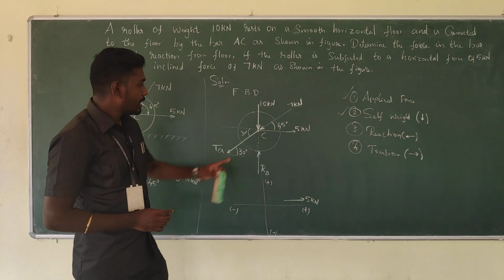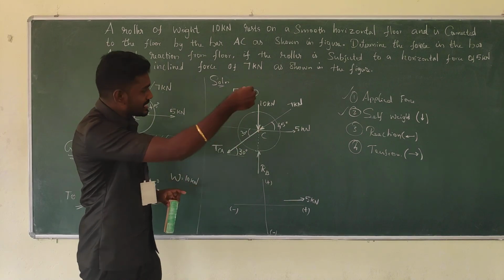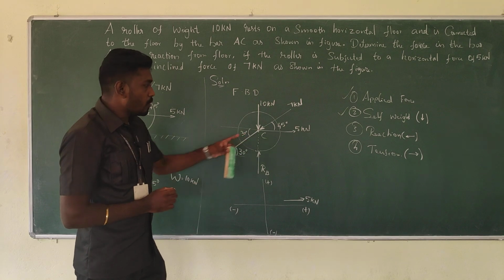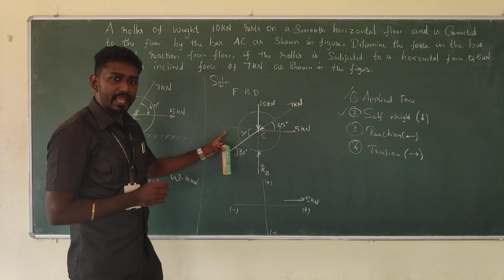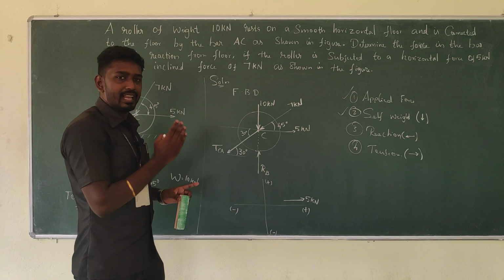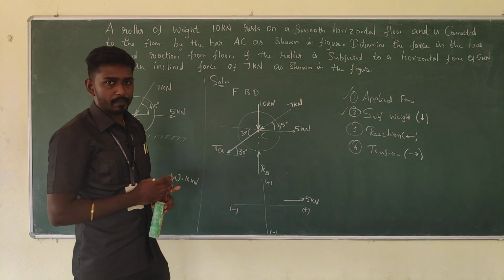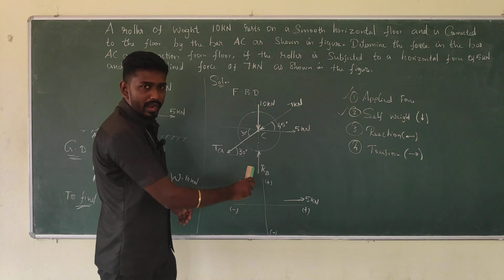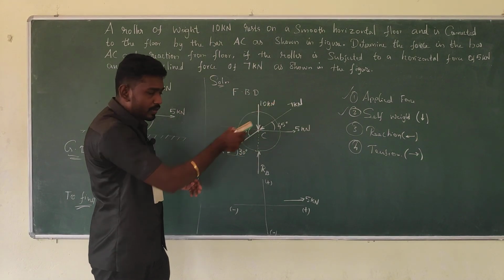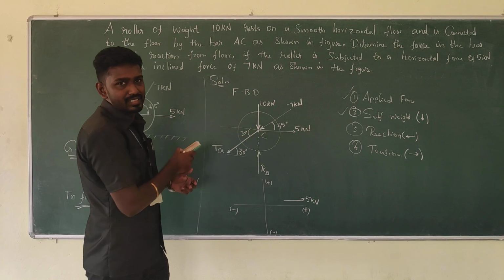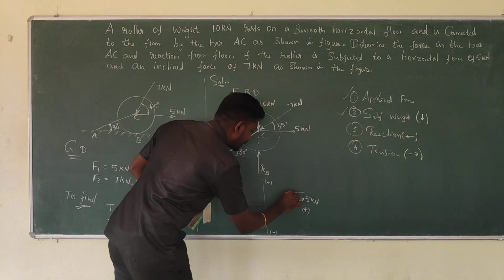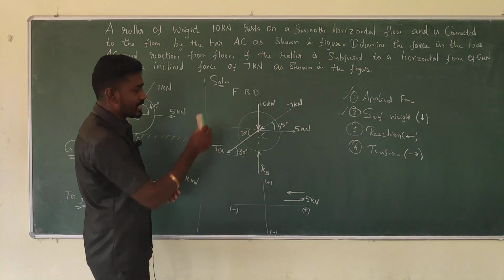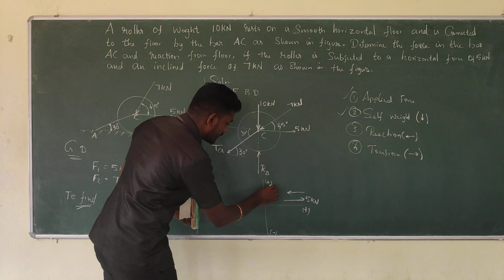So let it be. And then there is an inclined force which is acting downwards, in this manner. So it's an inclined force. There will be two components, partially vertical and partially horizontal. Since it is directed like this, I can predict it is moving vertically downwards, and horizontally left side.